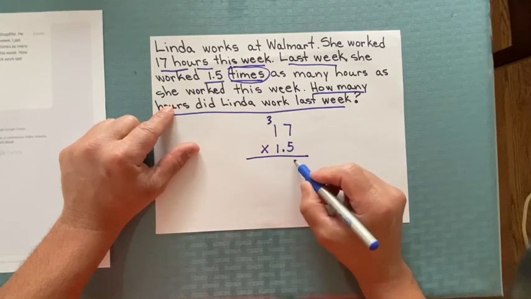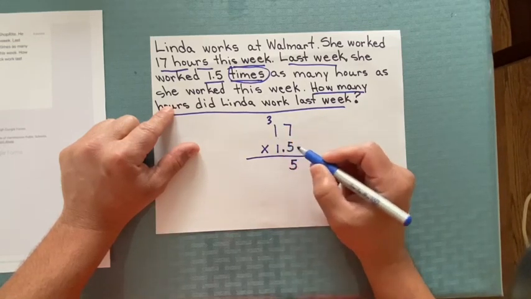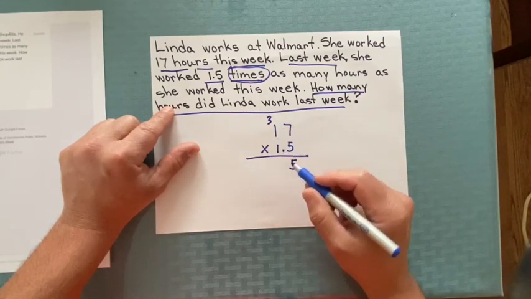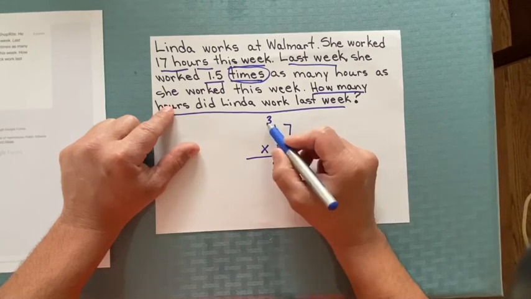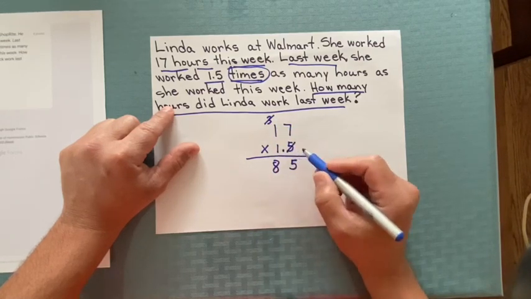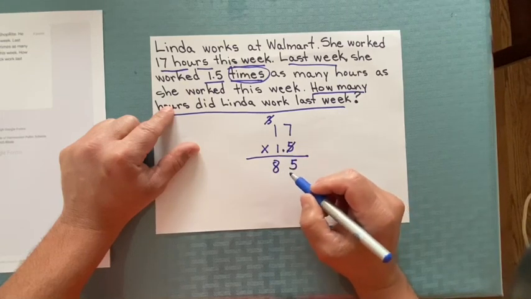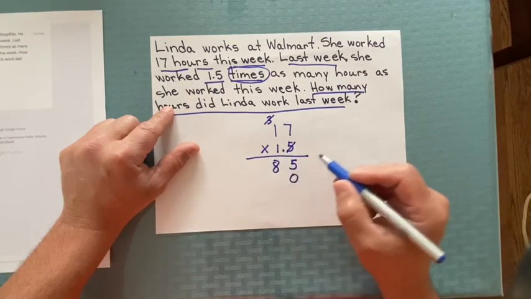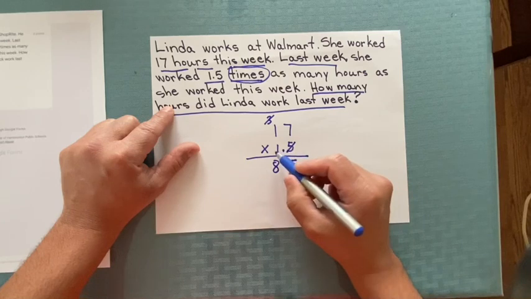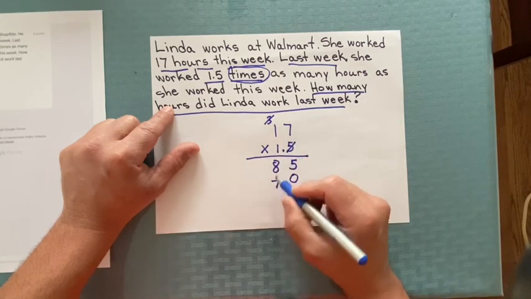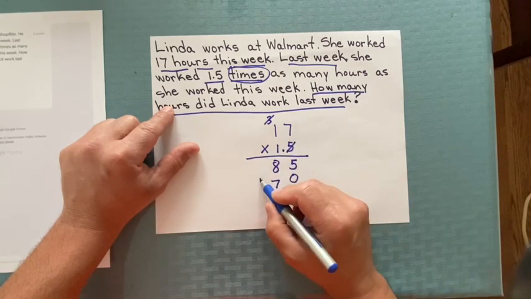I carry the 3, put the 5 down. 5 times 1 is 5, plus 3 more is 8. I am done with the 3 that I carried over, and I am done with that 5. But before I move on to that 1, I got to put a 0 as a placeholder. Now I can multiply. 1 times 7 is 7, and 1 times 1 is 1.